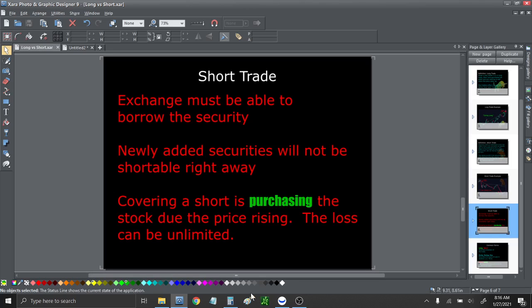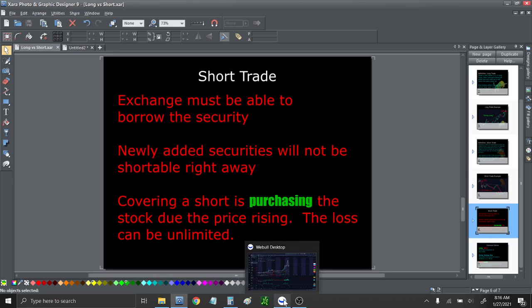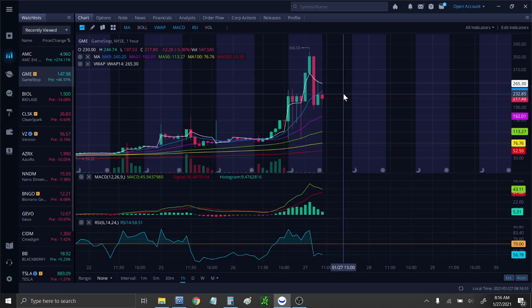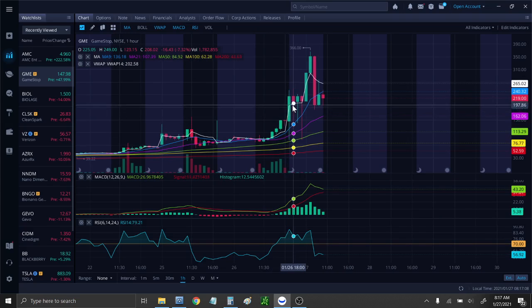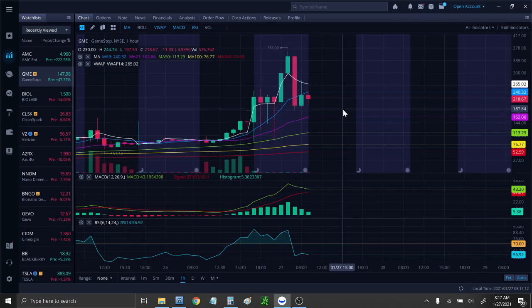Okay, and actually that's the other item I want to point out. When you cover a short because you're losing or you exit the position, you actually perform a buy. So when there's a bunch of covering occurring all the time, that is what they call a short squeeze.